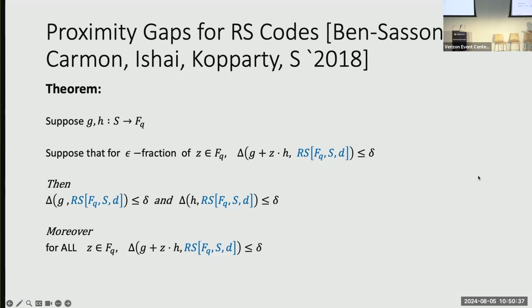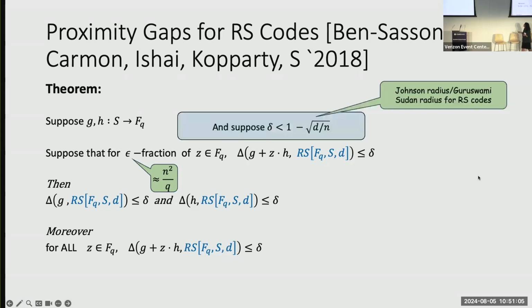Okay. What is delta? What is epsilon? The best epsilon we are able to prove looks of the form n squared over q. So for instance, if the field size is much larger than n squared, then this n squared over q can be made tiny. So think of q being n cubed or at least n cubed. Then even for a tiny fraction of the points, if you lie within balls of radius delta, then for all points, you lie in balls of radius delta.